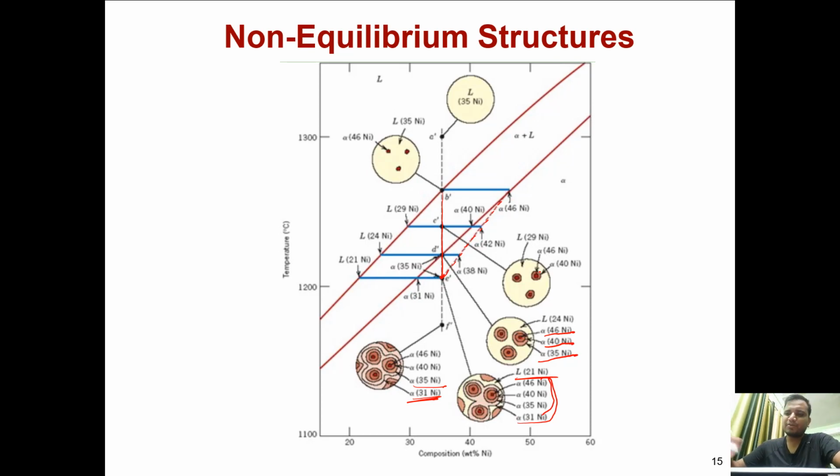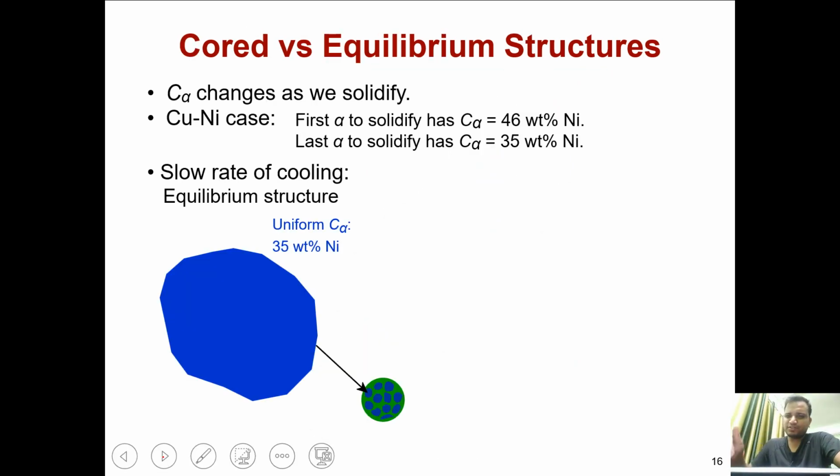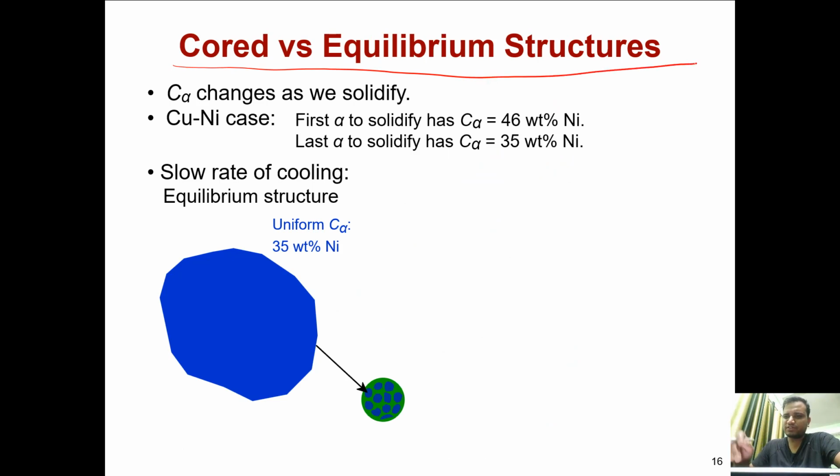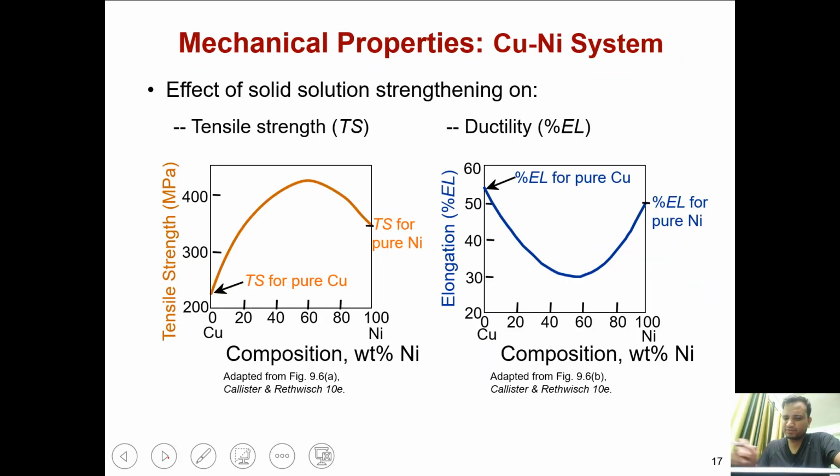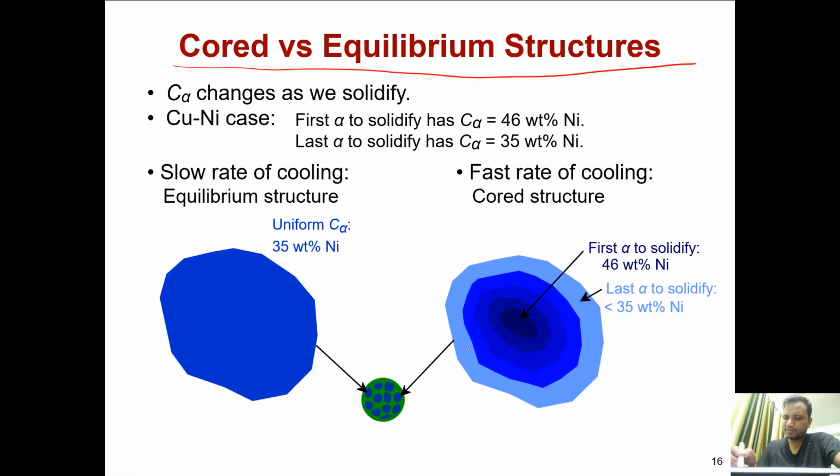Because the phase diagram which we draw assumes an equilibrium phase diagram, that means the cooling happens at a very slow rate. So you can see cored versus equilibrium structure, it will try to show you. So this is the coring, right?